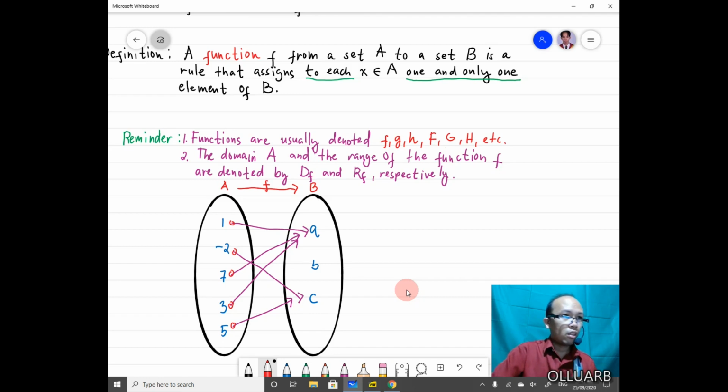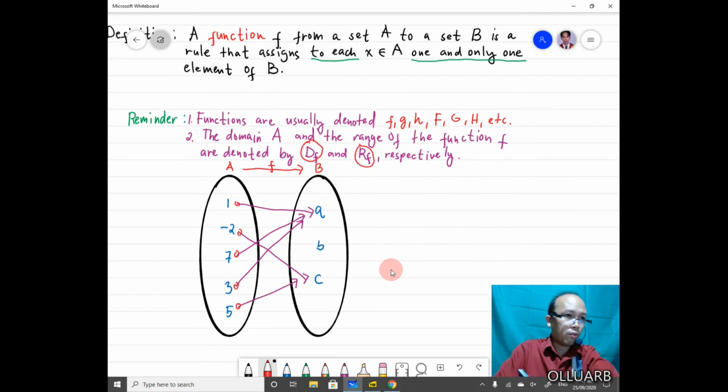Then also in reminder number 2, in the function, the domain is denoted as d sub f, while the range is denoted by r sub f. So in this illustration, this is a function.